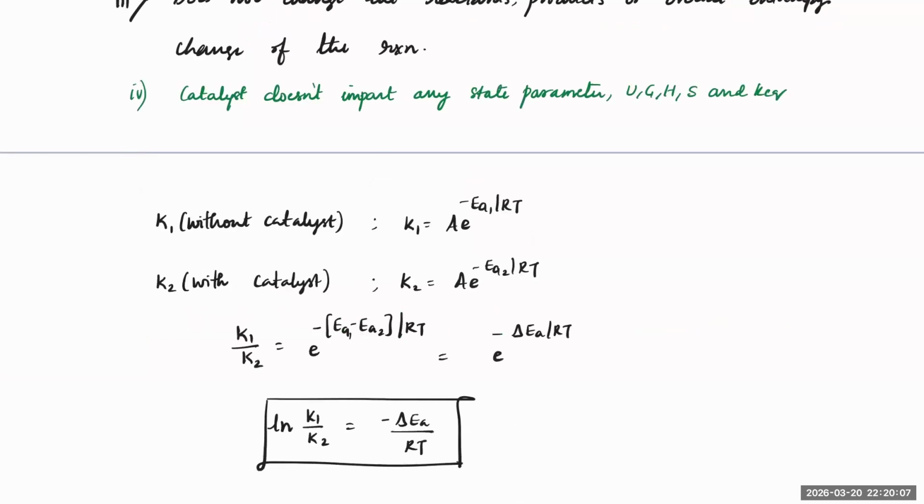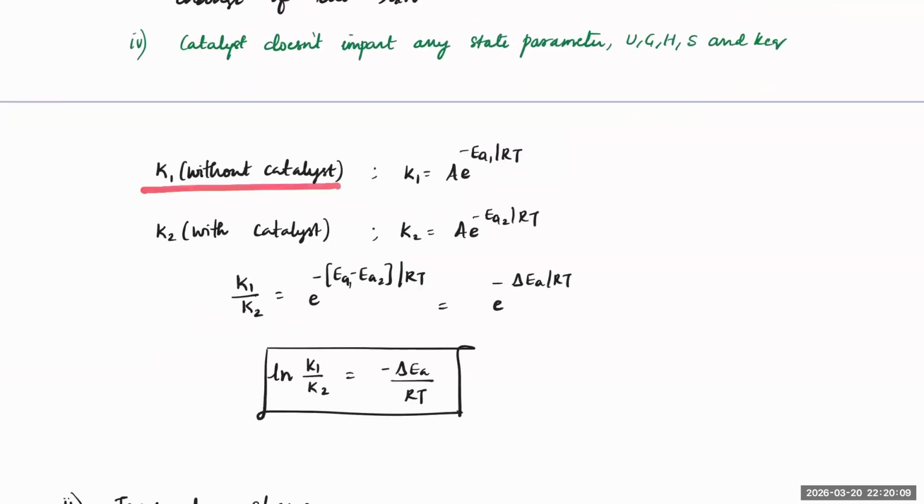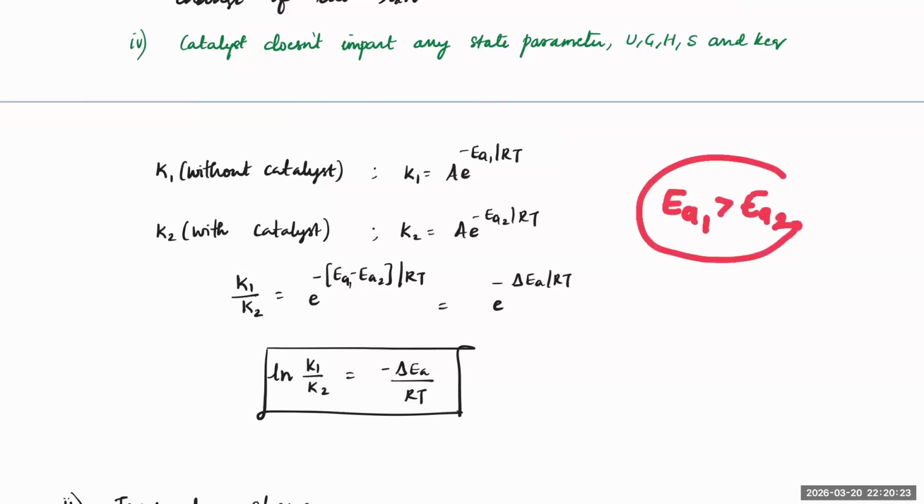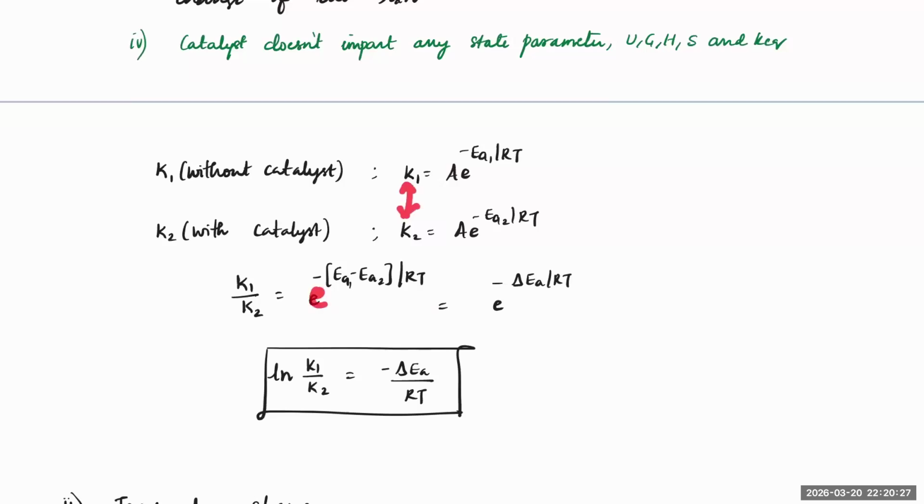If k1 is without catalyst, I can write it as A e raised to the power of minus Ea1 by RT, and with catalyst I can write it as minus Ea2 by RT. I know that the Ea1 value is greater than the Ea2 value. So if we divide these two, we will get e raised to the power of minus (Ea1 minus Ea2) by RT, or minus delta Ea by RT.